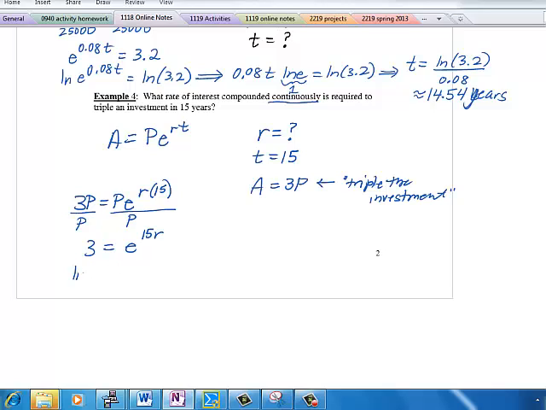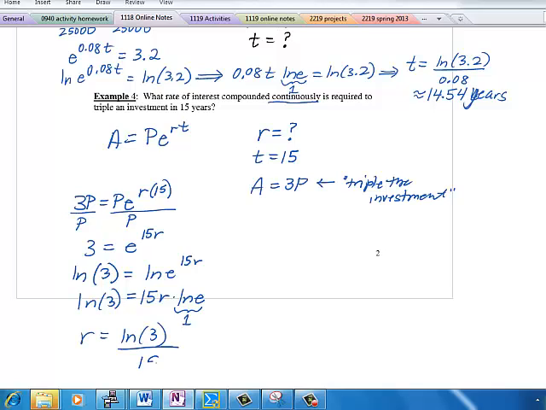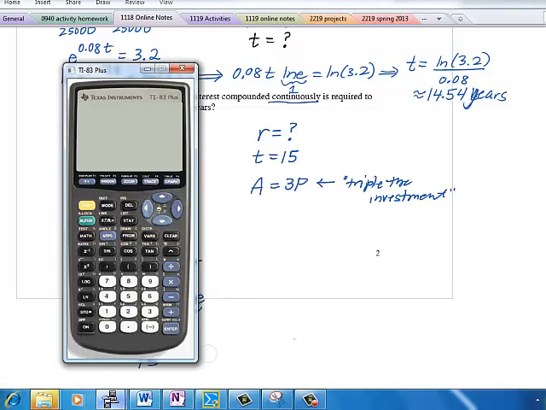Then take the natural log of both sides. Move that exponent down. And natural log of e is just 1. So we've got r would be the natural log of 3 divided by 15. So let's see what we get.